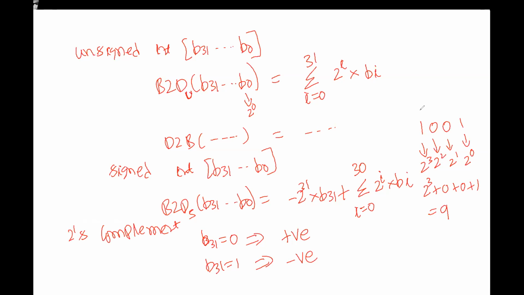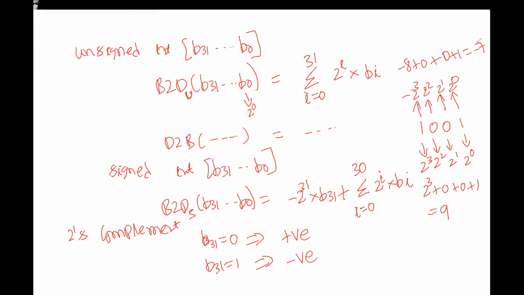If you are working on 4-bit signed numbers, then the value becomes minus 2 cube, then 2 square, 2 power 1, 2 power 0. So this number becomes minus 8 plus 0 plus 0 plus 1.